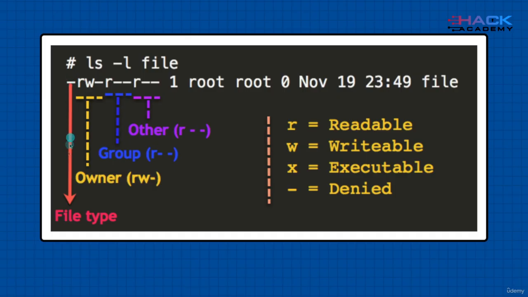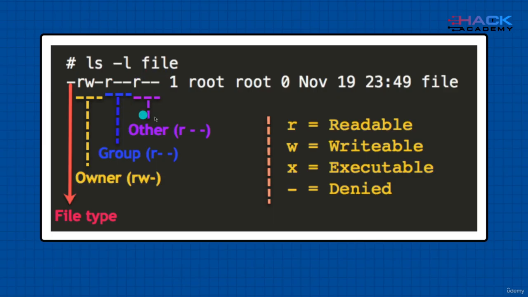The first character here should be the file type. The next three characters will be the owner permissions. In this case, the owner has read access and write access. The next three characters are for the group, and we can see here that the group has only read access.